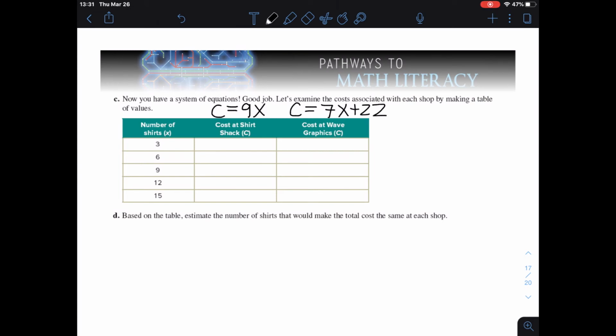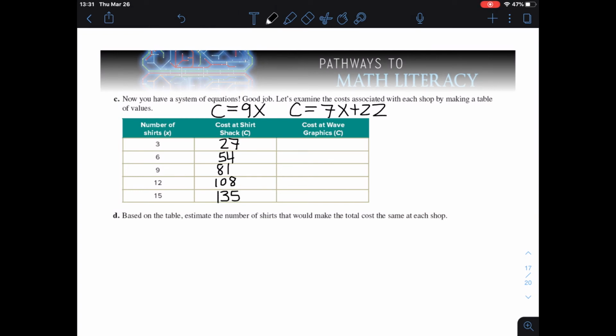So let's go ahead and plug in some numbers of shirts and see when that break even is going to be. First, Shirt Shack. When you buy 3 shirts, we've seen it's 27. 6 would be 9 times 6, so it'd be $54. 9 would be 81, 12 would be 108, and 15 would be 135.